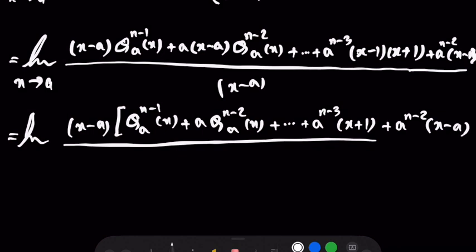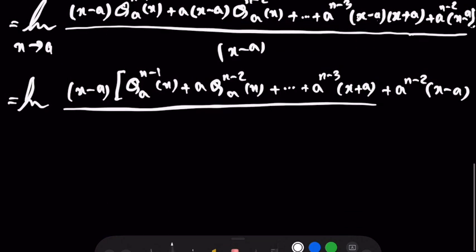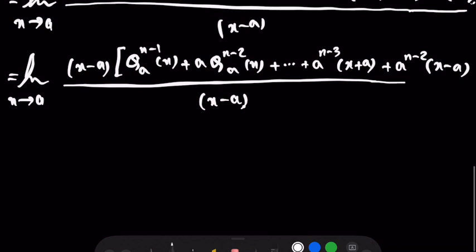Okay, not bad. Here it's not x minus 1, it's x minus a times x plus a, so I just rewrite it again. Now you can cancel x minus a by x minus a from the denominator.